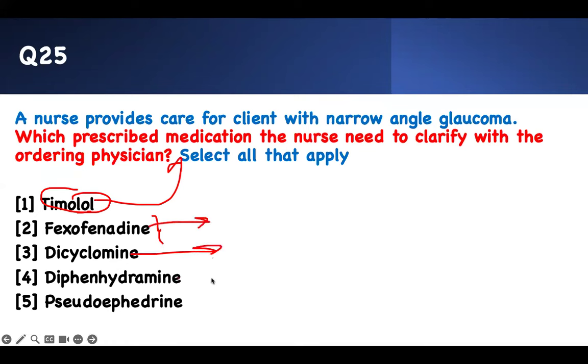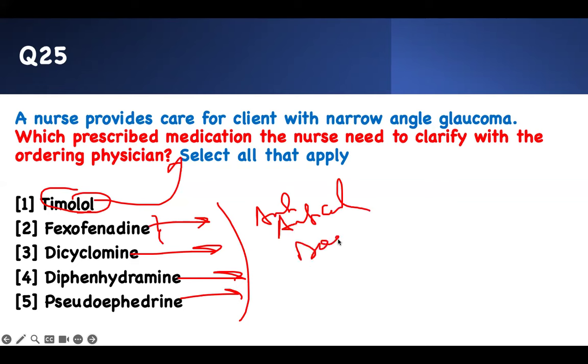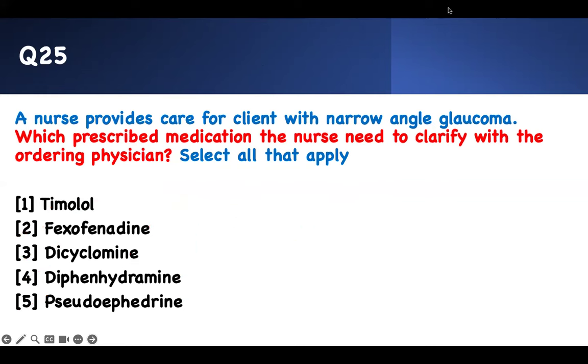Anticholinergic is bad. Antihistamine is bad. Alpha agonists, those are the things you should avoid. Antihistamine, anticholinergic, and decongestant. These are medications you should never give to a patient who has glaucoma. So 2, 3, 4, 5 are your right answers. She should clarify those medications.